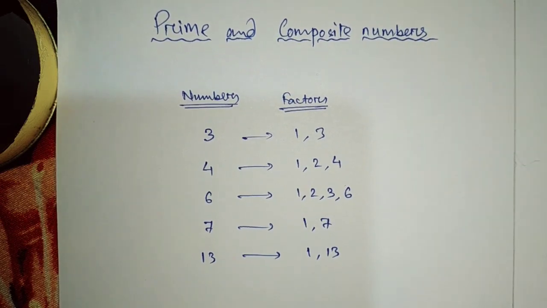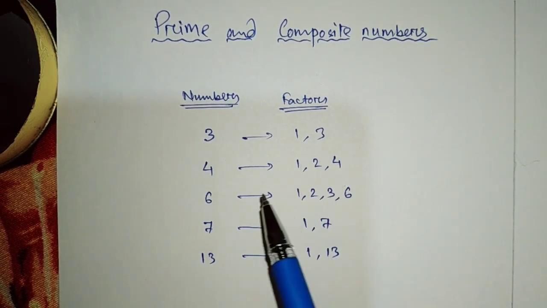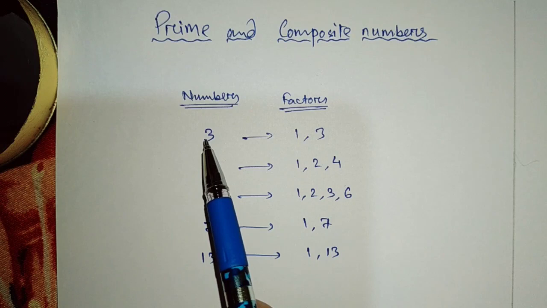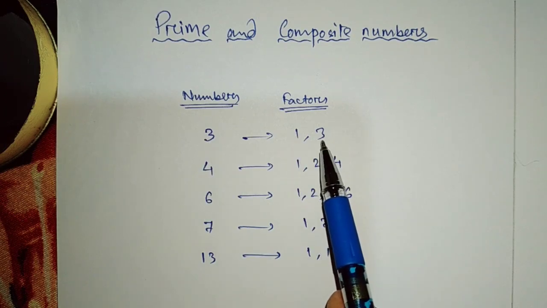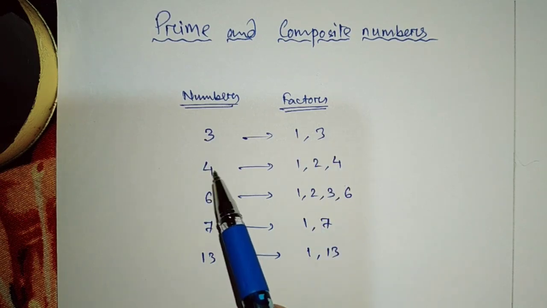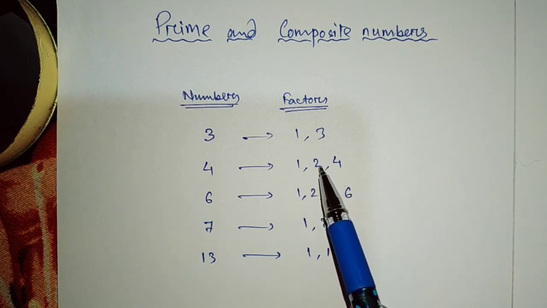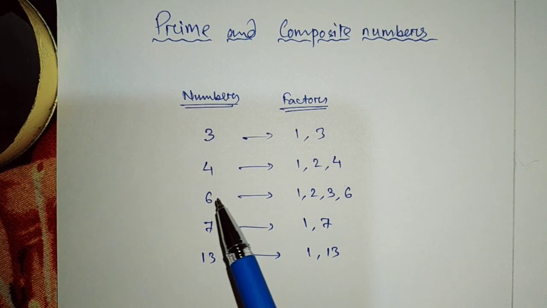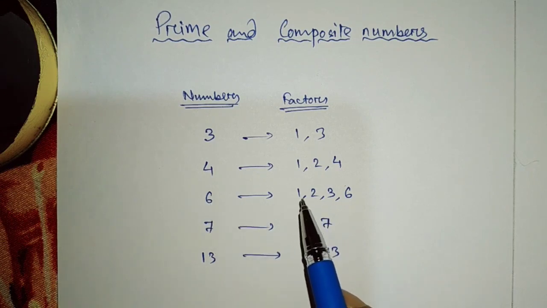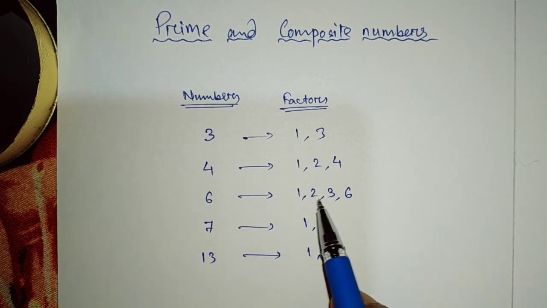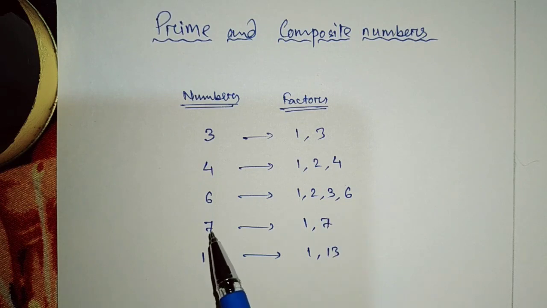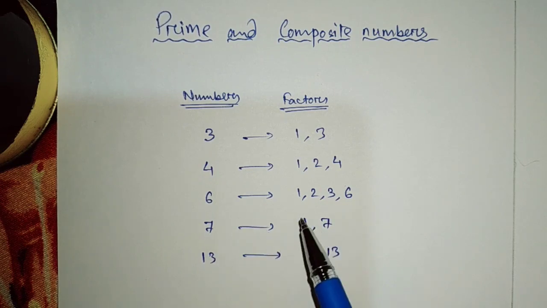So notice one thing. 3 has only two factors, 1 and 3 itself. But 4, apart from 1 and 4, has 2 also as a factor. In 6 also we have seen that apart from 1 and 6, we have 2 extra factors. But in 7 or 13, the factors are 1 and the number itself.